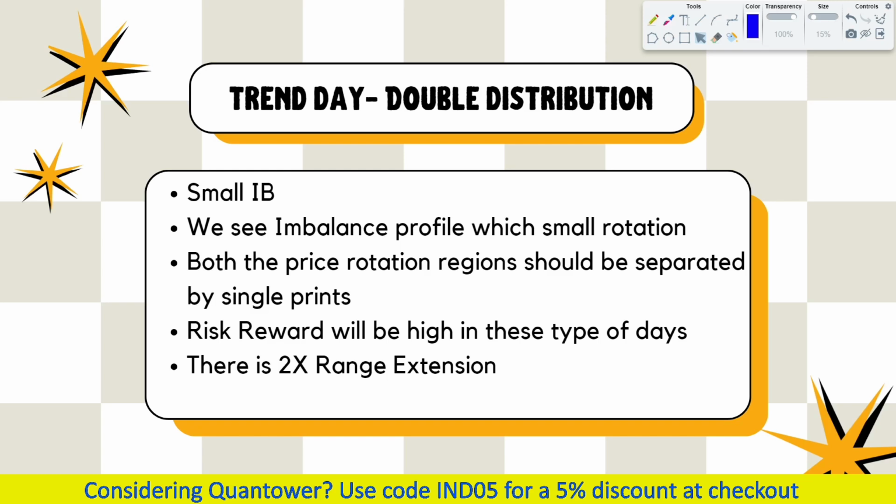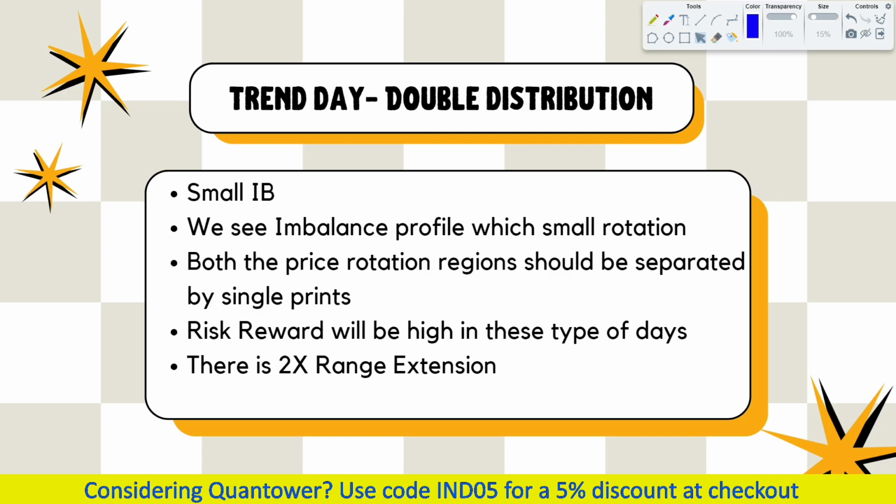But in trend day double distribution, you will see some sort of rotations, again giving breakdown, and again rotations and again breakdown. Or when smart money is long, you will see a breakout, again some small rotations, followed by a breakout, again some small rotations. This is the main key difference between the trend day standard and trend day double distribution.